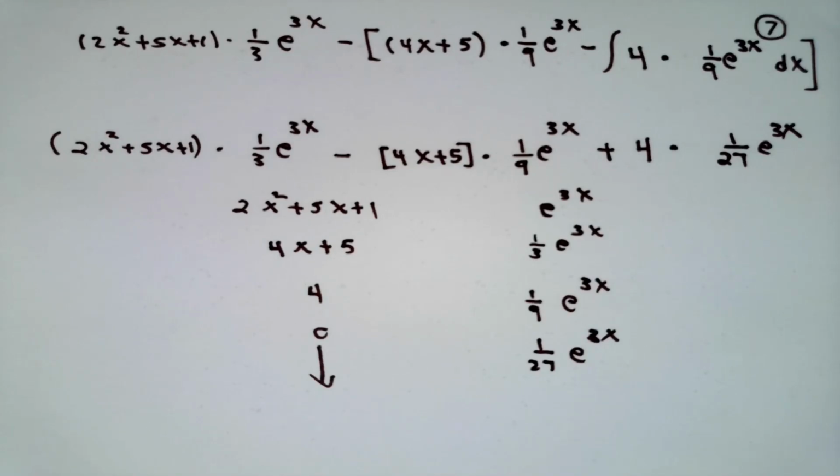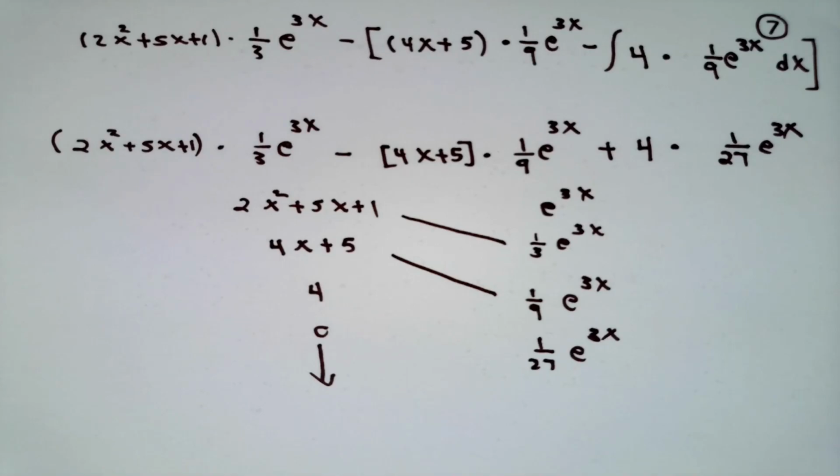If you connect numbers in the first column with numbers in the second column, which are one unit down, you'll notice that the factors that you get are 2x squared plus 5x plus 1 multiplied by 1/3 e to the 3x. Also, you'll have 4x plus 5 multiplied by the quantity 1/9 e to the 3x.